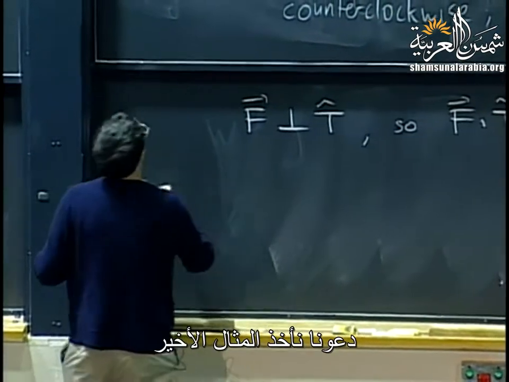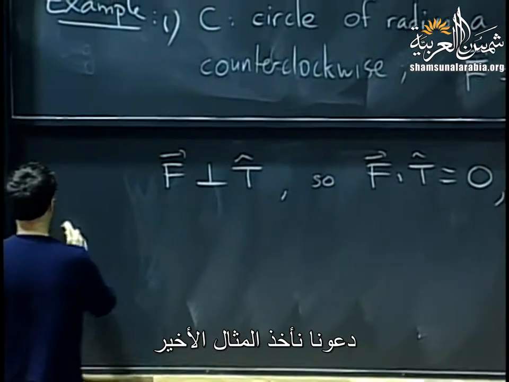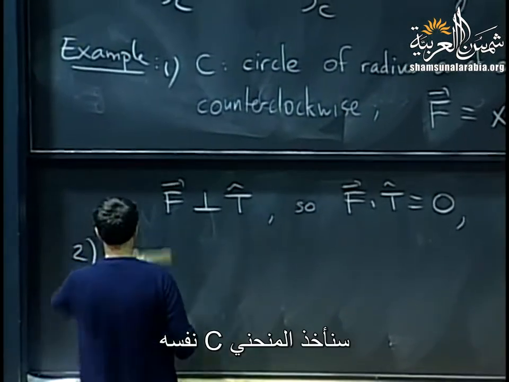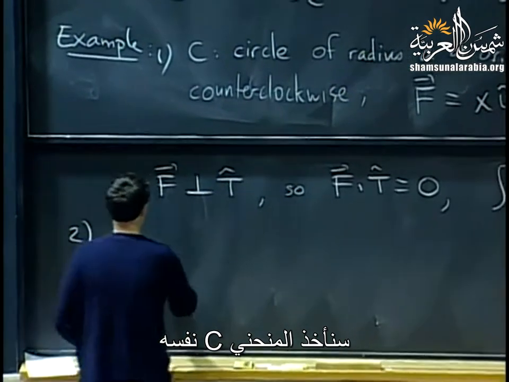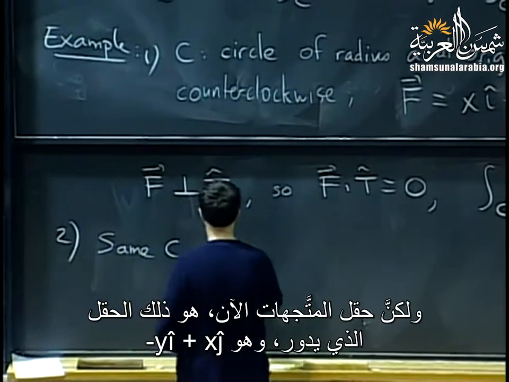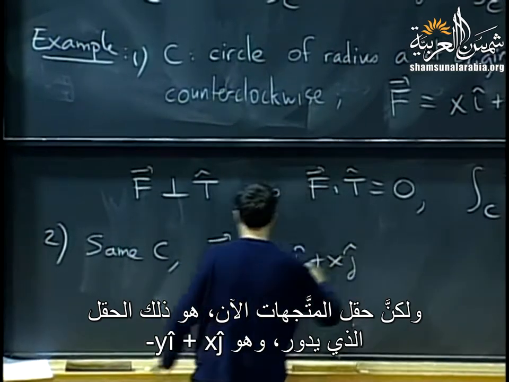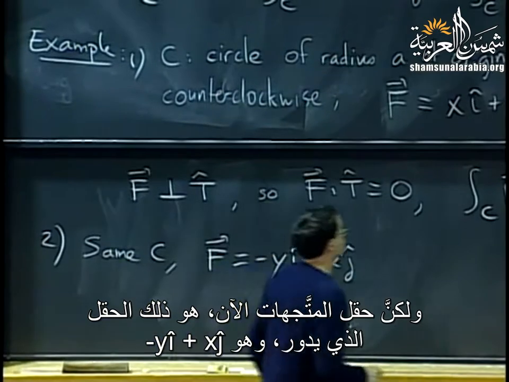Let's just do a last one. That was the first one. Let's say now that I take the same curve, C, but now my vector field is the one that rotates, negative y i plus x j.